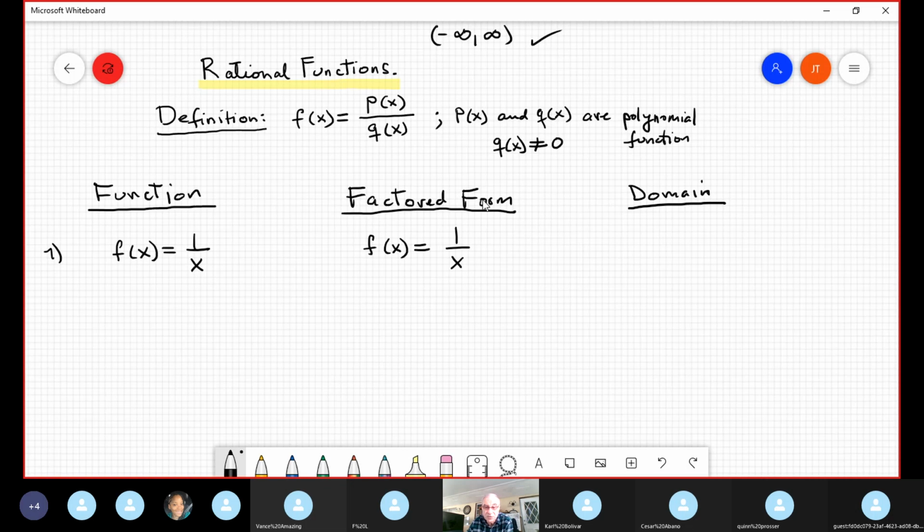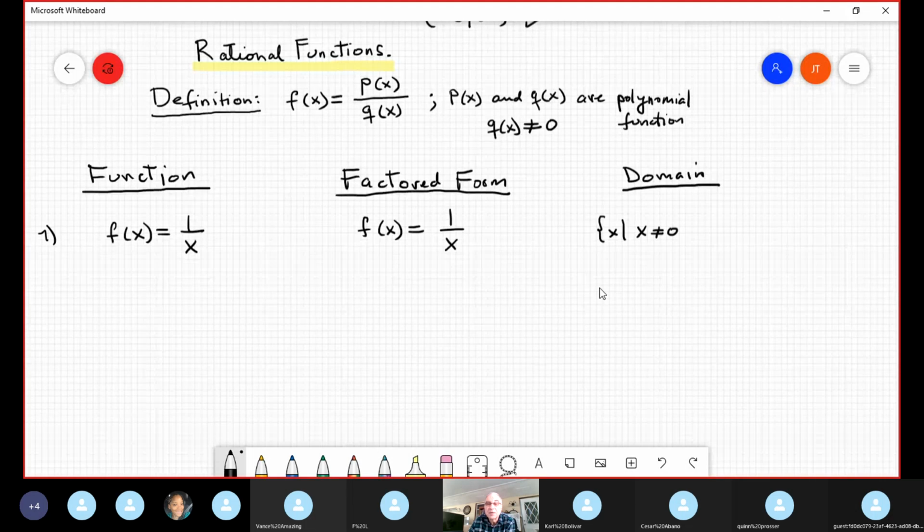And the domain is obvious: it's all real numbers except 0. So we can write it like that: x values such that x is not 0, because the denominator expression is not 0. Okay, this is one way to represent this idea. Or another way to represent the same idea, equivalent using another notation, is parenthesis from negative infinity, comma 0, parenthesis, union 0, comma infinity.